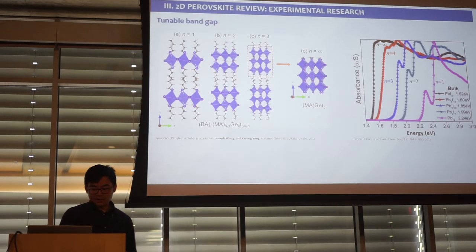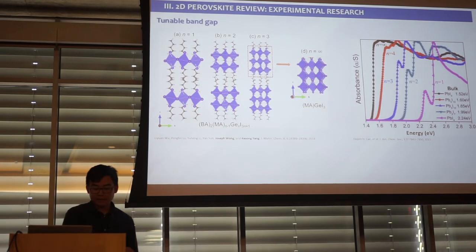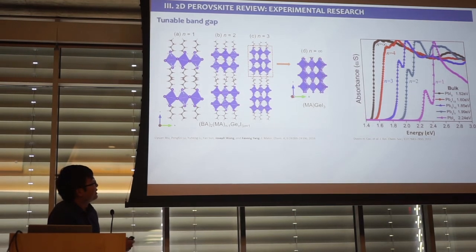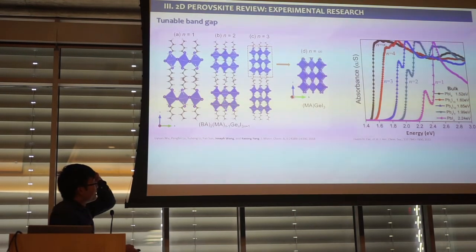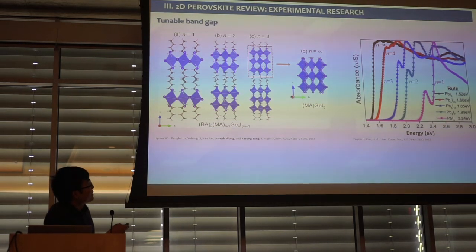Okay, so now we're going to start talking about some experimental work that's been done on these materials. So one thing that a lot of studies have shown is band gap control from the dimensionality. So depending on your synthesis route, you can control the number of inorganic layers between the organic cations.